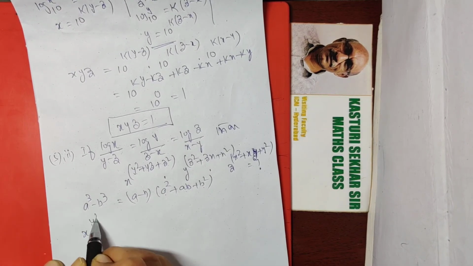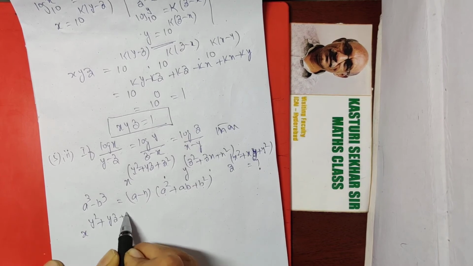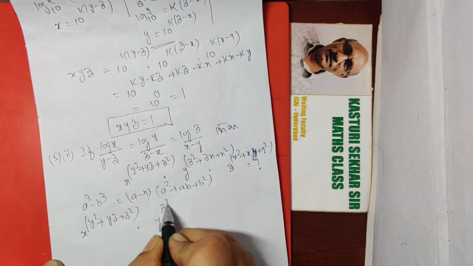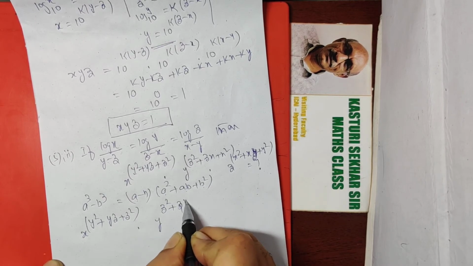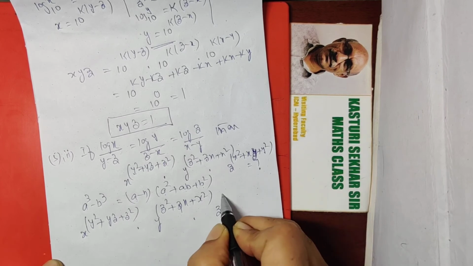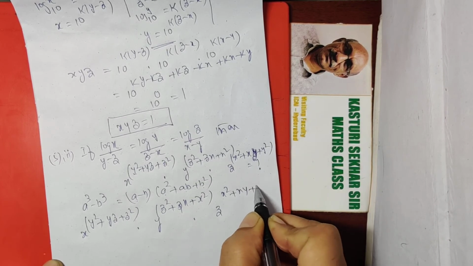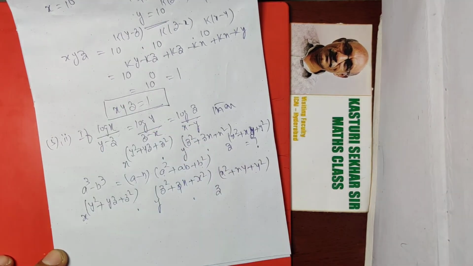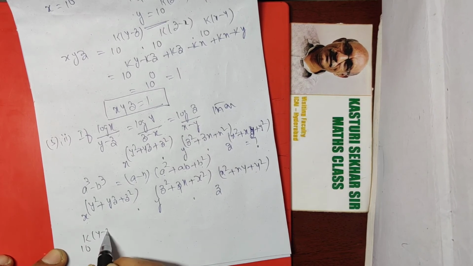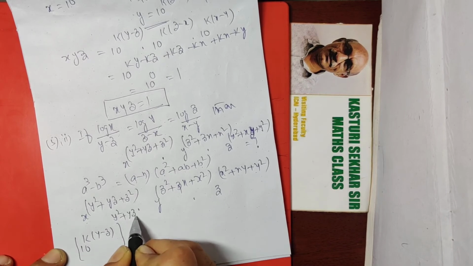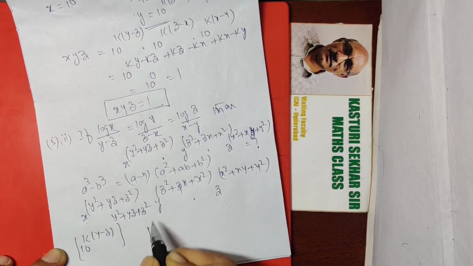Consider x to the power y square plus yz plus z square, into y to the power z square plus zx plus x square, into z to the power x square plus xy plus y square. Now sir, I can replace x with 10 to the power of k into y minus z, whole to the power y square plus yz plus z square.